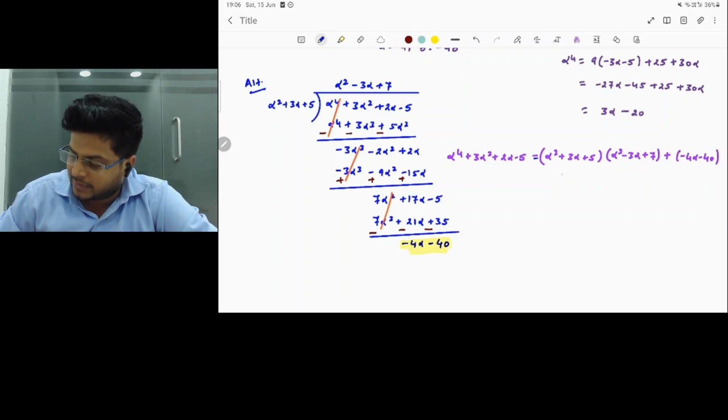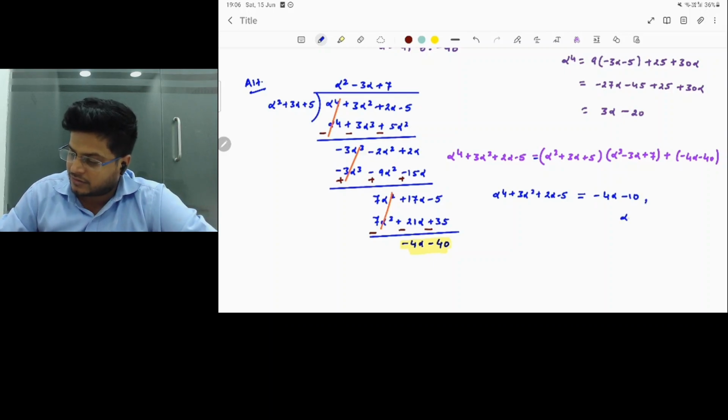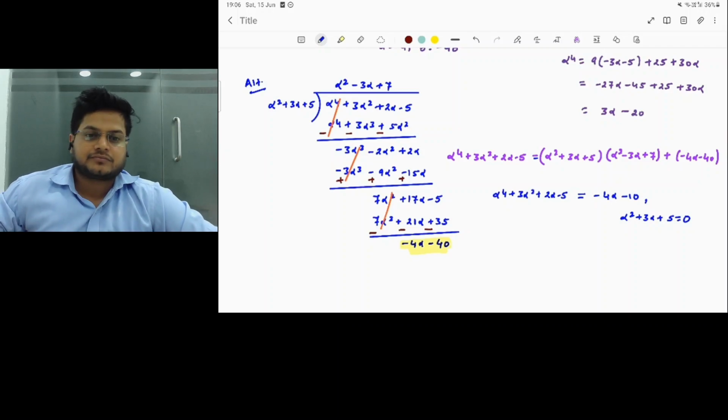So ultimately what we will get is that alpha to the power 4 plus 3 alpha square plus 2 alpha minus 5 can be written as minus 4 alpha minus 40, when we know that alpha square plus 3 alpha plus 5 is equal to 0. Right? So I hope you are clear with this method.